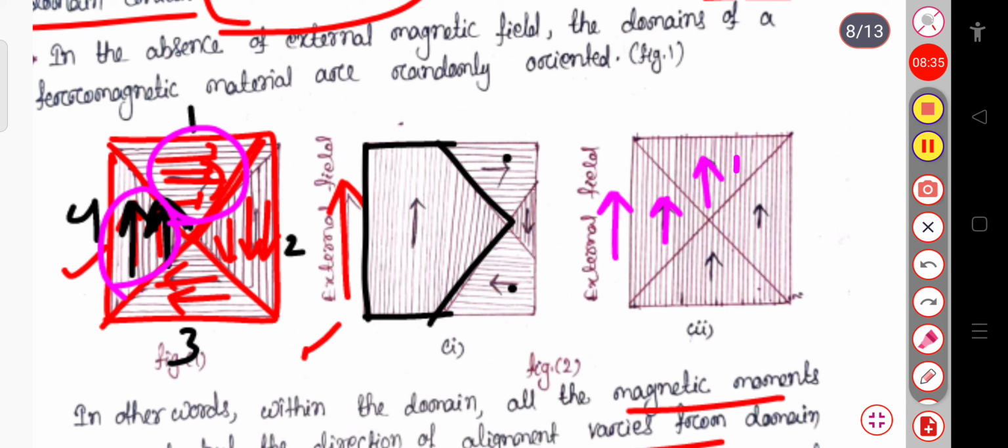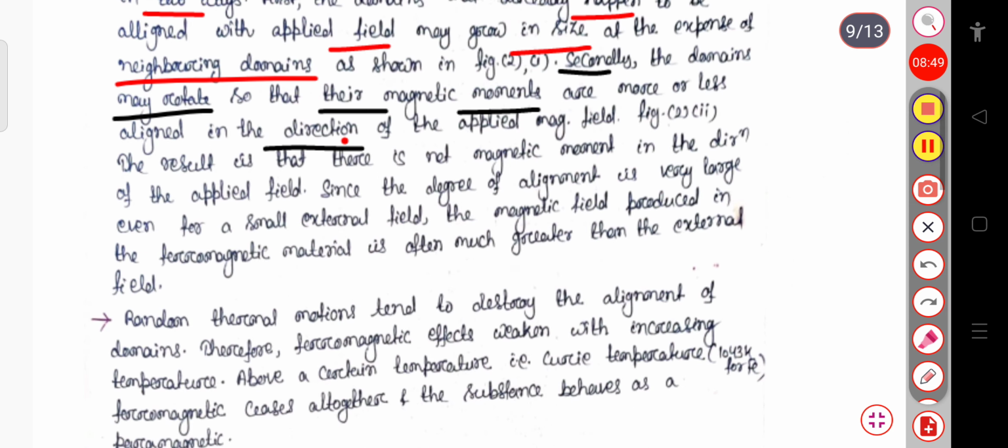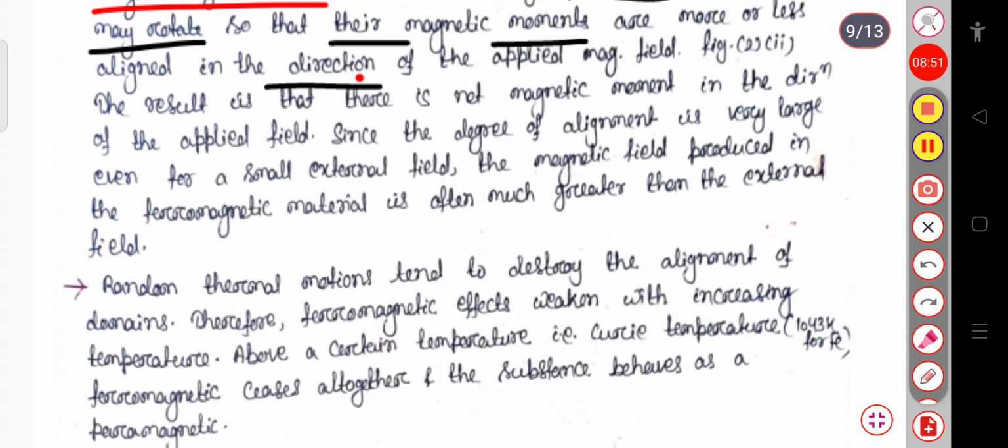So all the atoms in that domain will rotate in the direction of the external field, and this is also the same for the second and third domain, that is, rotation of the dipoles occurs. The result is that there is a net magnetic moment in the direction of the applied field.